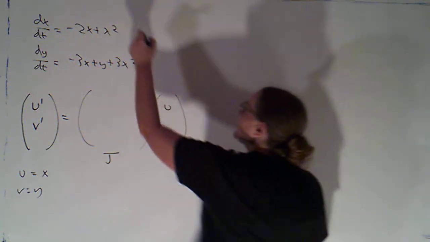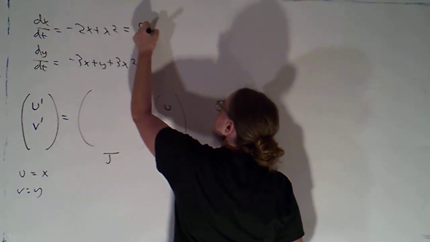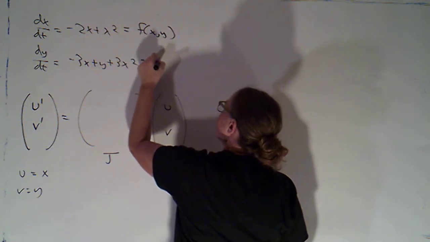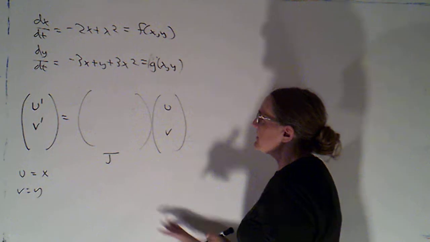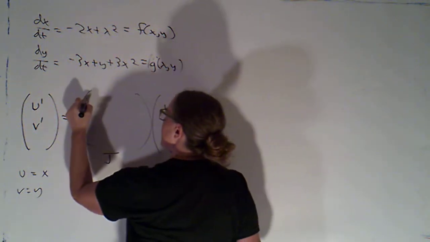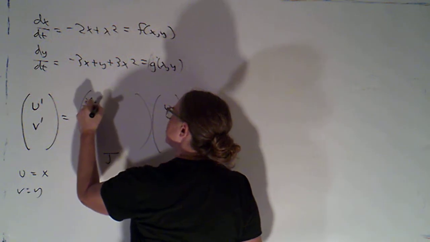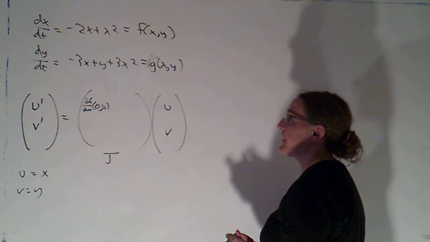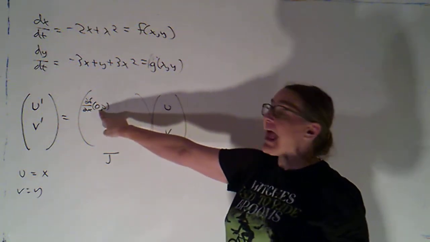I'm going to just give this function a name. I'm going to call that f of xy, and I'll call this one g of xy, because then I know that the components of my Jacobian matrix are the partial of f with respect to x at the origin, because that's the equilibrium point I'm working with. These are the xy values.